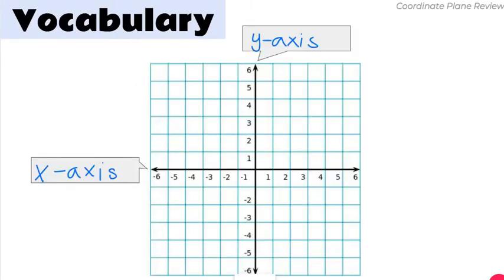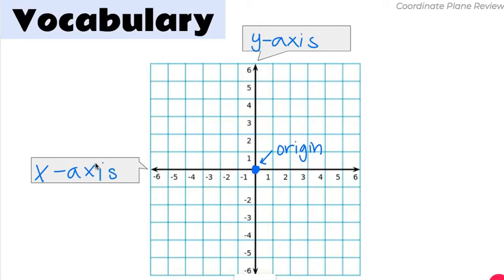So if we look back at our coordinate plane here, this point right here, (0, 0), is the origin. It's the beginning. It's where you start. When you graph points, you always start at the origin.